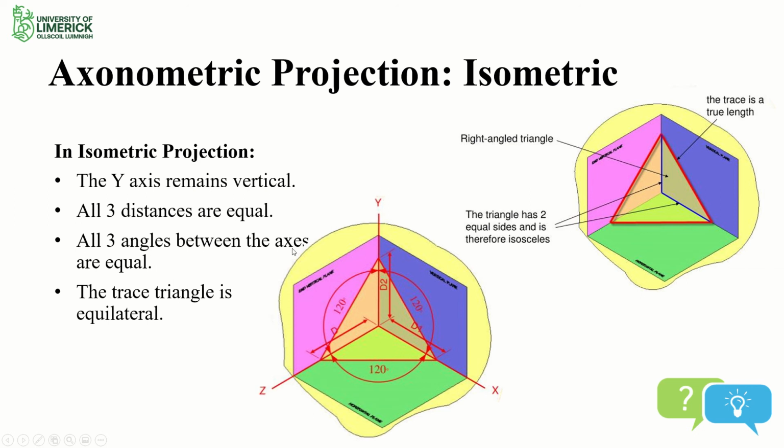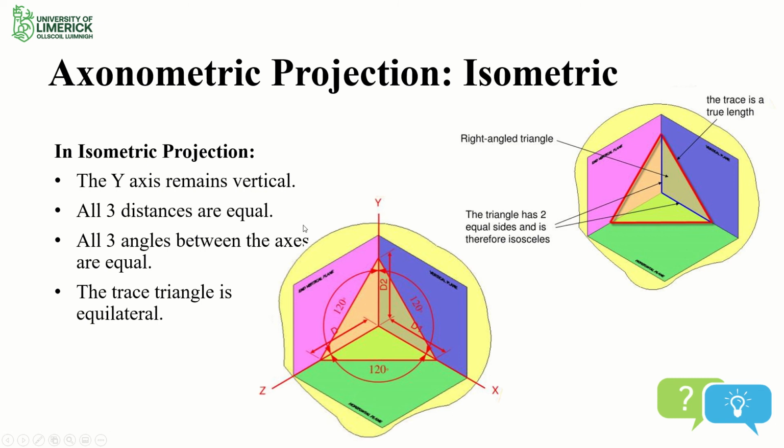And the 3 angles between the axes are equal, so the angles between Z and Y, Y and X, and X and Z are all 120 degrees. That is what makes it isometric. Additional to that, the trace triangle is an equilateral triangle. Okay, so as you can see here, it's an equilateral triangle.